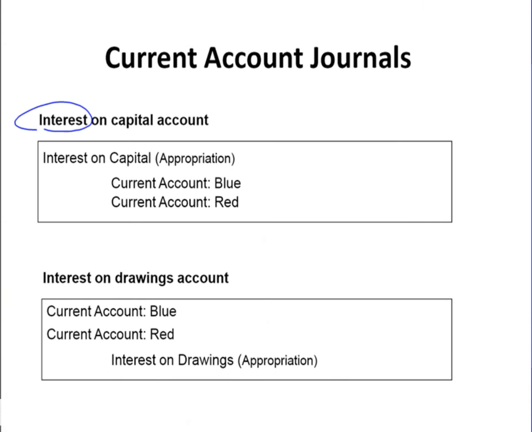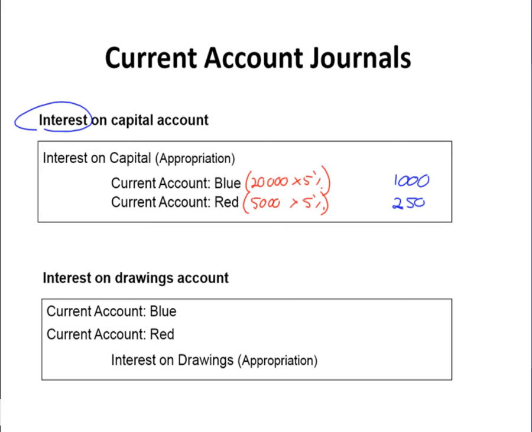The capital accounts, I'm going to do my workings in red. The capital account for blue, opening balance was 20,000 per the trial balance times 5%, and that interest then would be 1,000. For red, we had an opening balance of 5,000 times 5%, gives me 250.